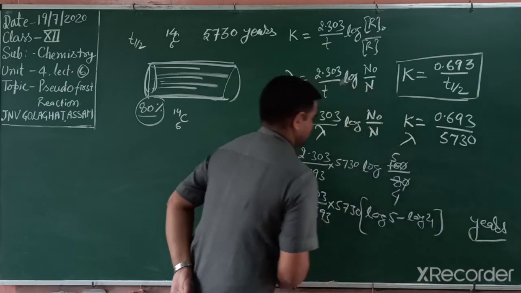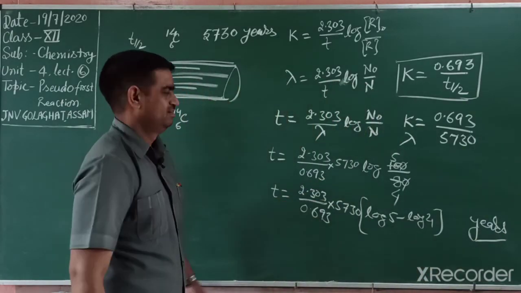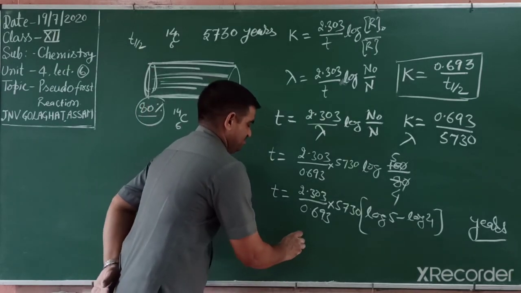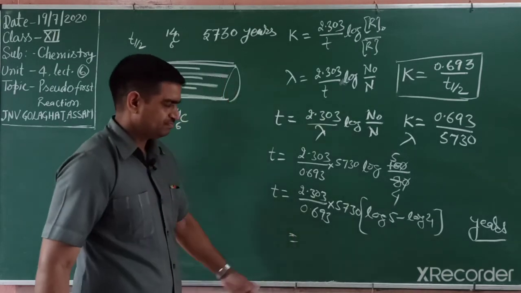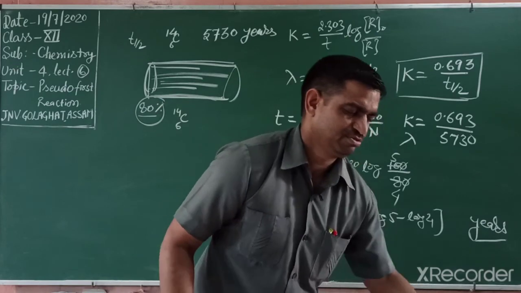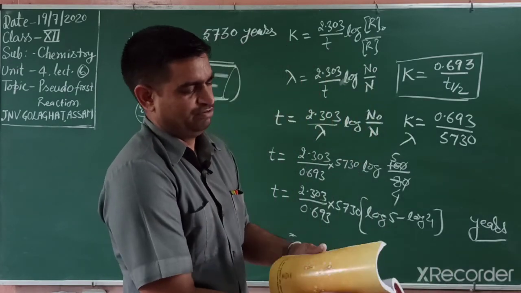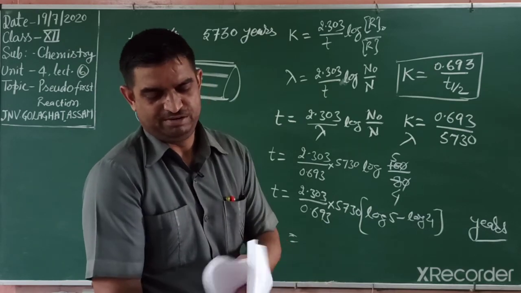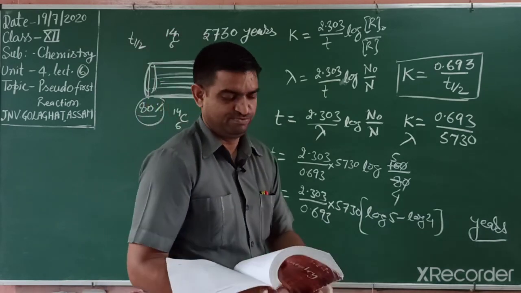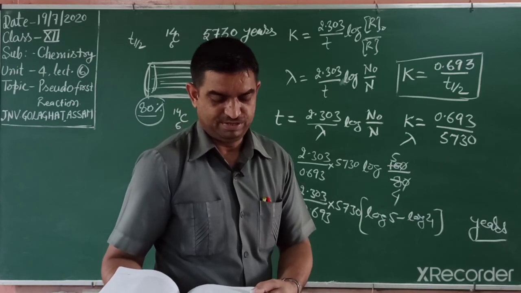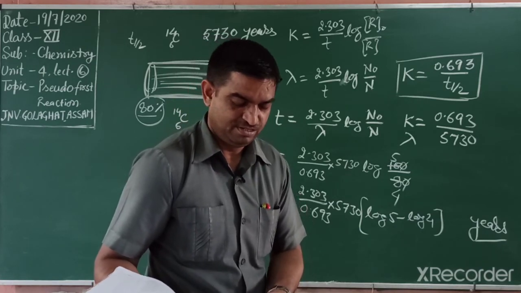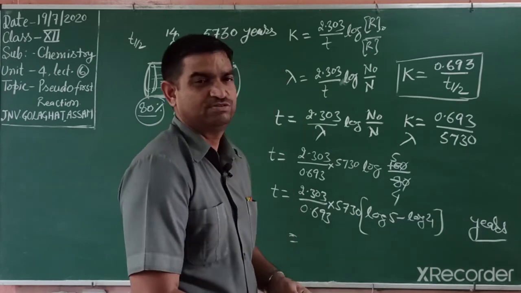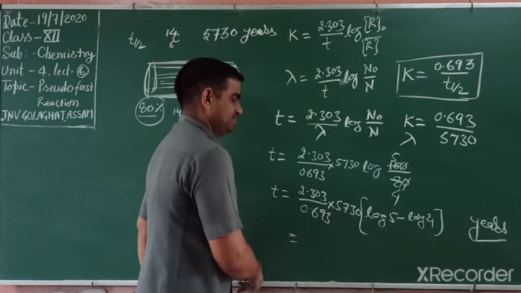So students, by solving this numerical, you can find the answer, and you match the answer. How can you see the log value? The log table is given in your NCERT book, and there we can see the values of log 5 and log 4. Subtract them and then multiply.